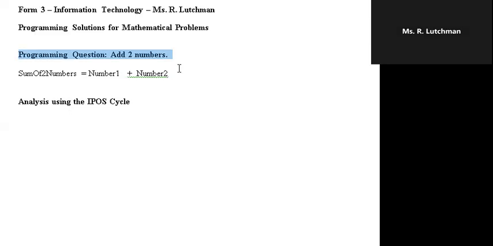So the question is adding two numbers, and we came up with our mathematical equation here: SumOfTwoNumbers equal Number1 plus Number2. And we conform to our variable rules. Now, we have to analyze this question in order to come up with the solution.